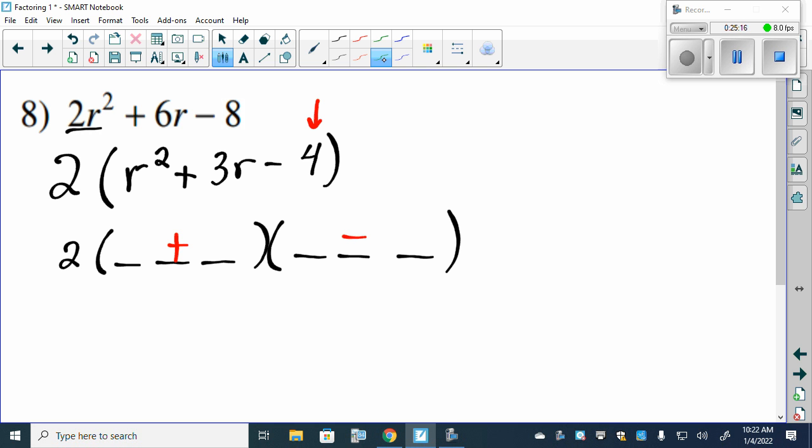Which brings us to step number 4, to find the factors of the first and third term. Now we're looking at r squared and 4. We're not looking at 2r squared and 8 because we factored out the 2. So the factors of r squared are r and r.